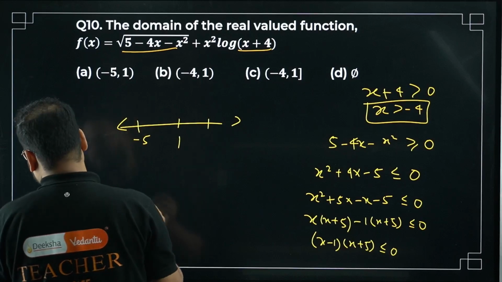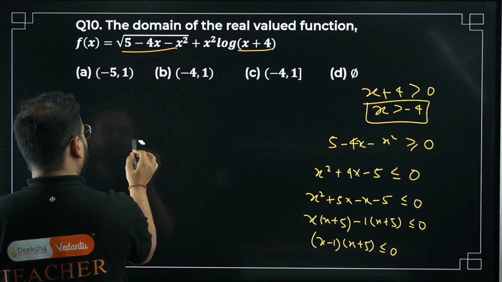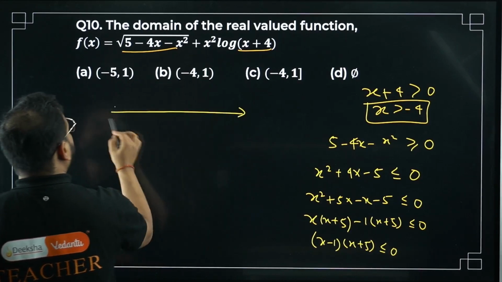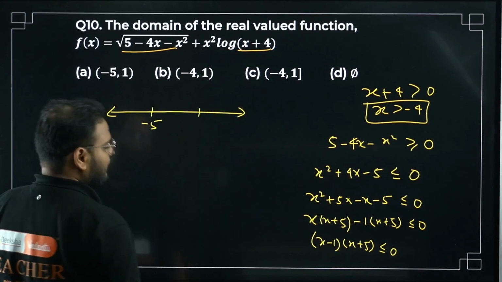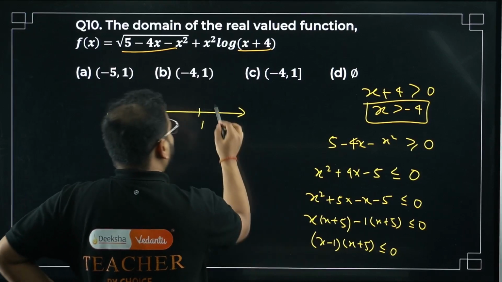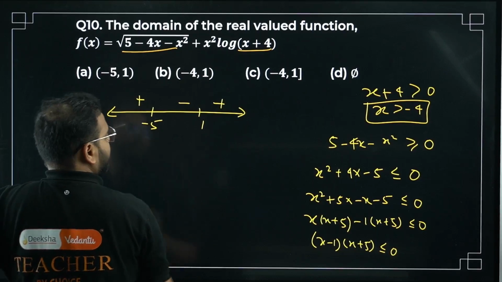One second, I can draw it better to make a little more sense for us. Minus 5 here, and over here I have 1. The coefficient is positive, so the signs are plus, minus, plus. Less than means from here to here, closed.